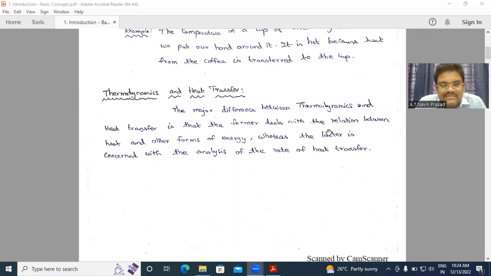So in thermodynamics, with the help of heat, the heat will be converted into other forms of energy, but in heat transfer, we are going to analyze the rate of heat transfer. So in thermodynamics, the heat will be converted into other forms of energy, and heat transfer is going to completely deal with the analysis of the rate of heat transfer.